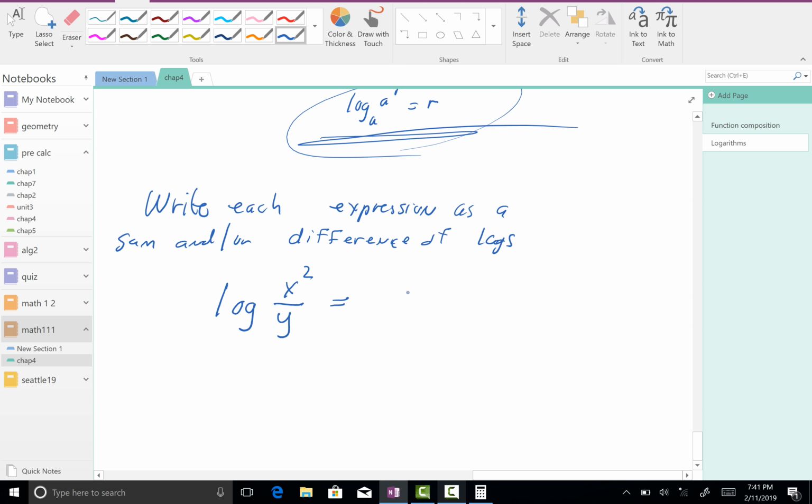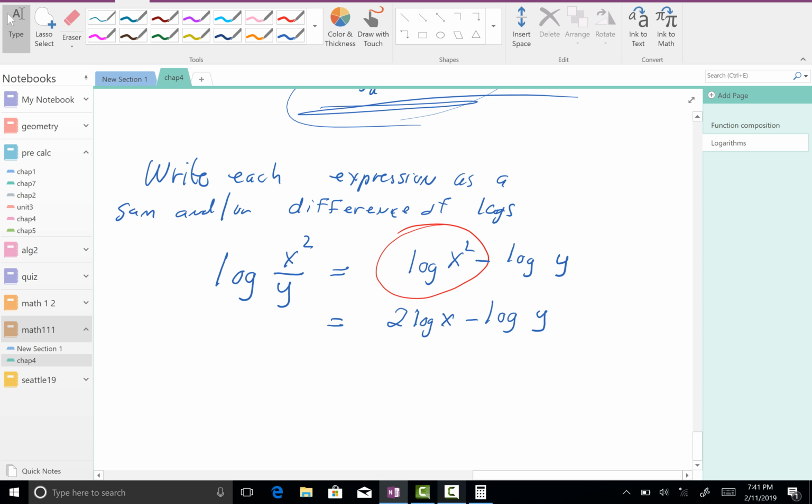So I'm going to take the log of x squared minus the log of y. But I have a property for this too: that 2 is going to pop out in front, so I get this. That's it. You've broken it down into a subtraction of logs, and that's what they want you to do there.